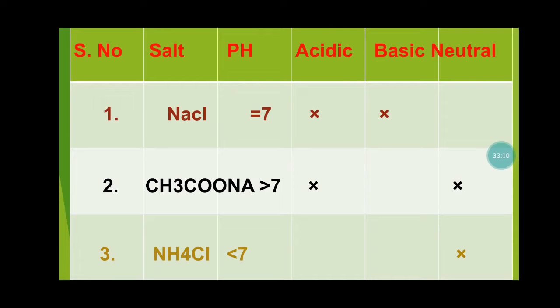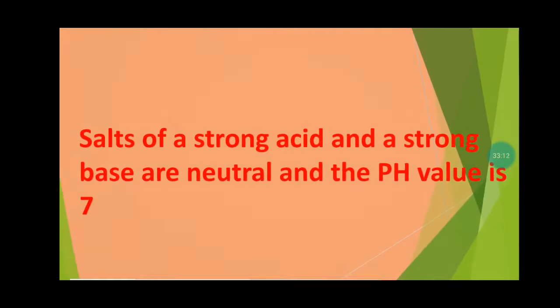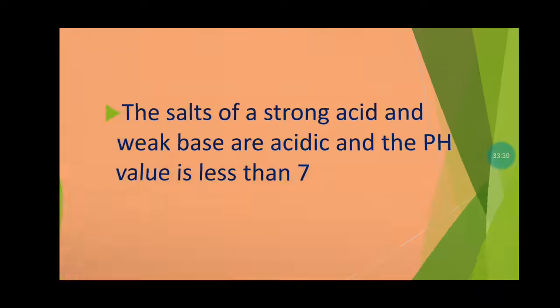Now next, children, a small recapitulation of this topic. Salts of a strong acid and a strong base are neutral and the pH value is 7. Already you have seen. And salts of weak acid and weak base also give us neutral and the pH value will be 7.